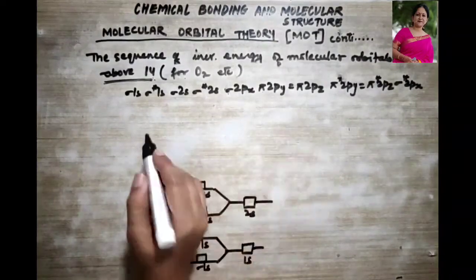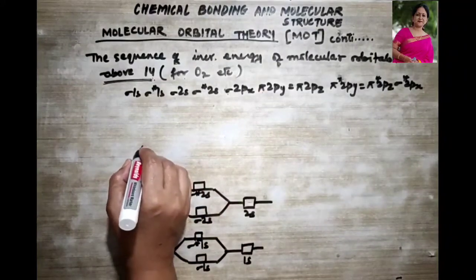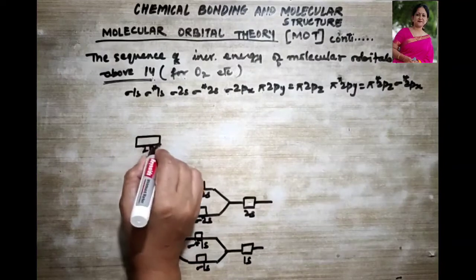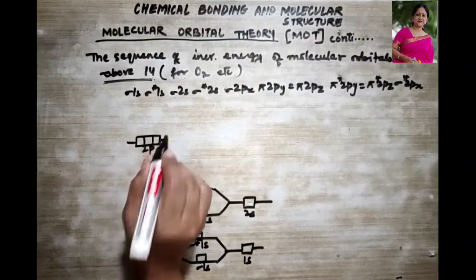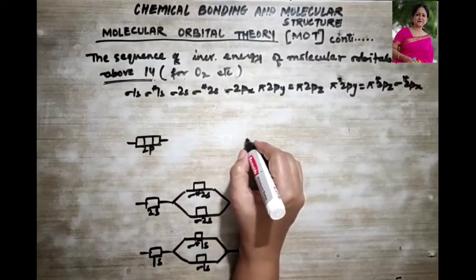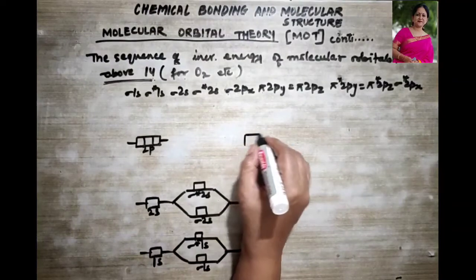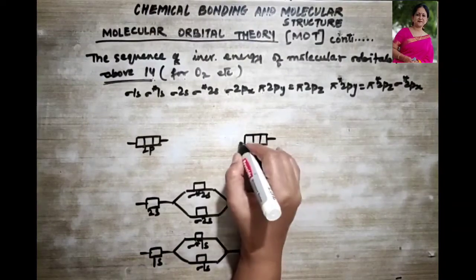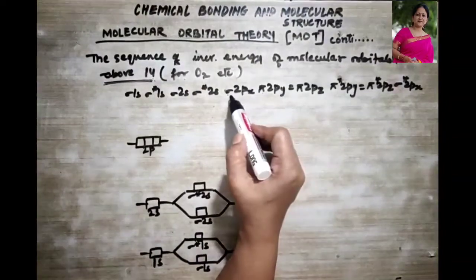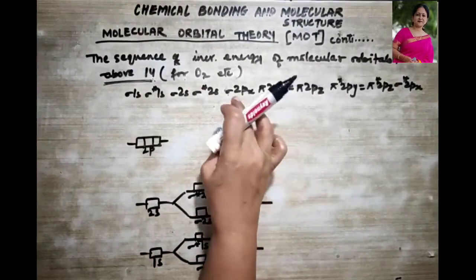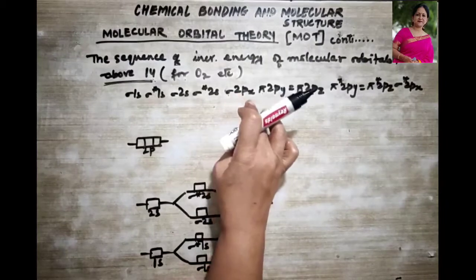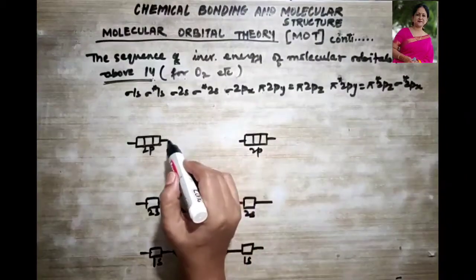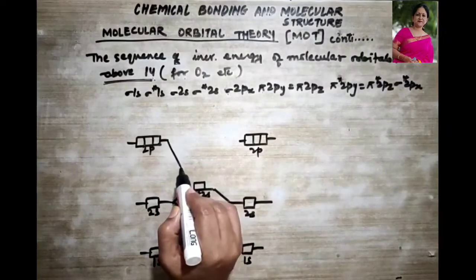Now let's come to 2p. So if we draw for 2p, that means it has 3 orbitals, correct? And let me draw it over here also, then it will be easy for us to draw. This is 2p. Now, first one is what? In 2p, first we have to draw sigma 2px first. So, let's draw this.